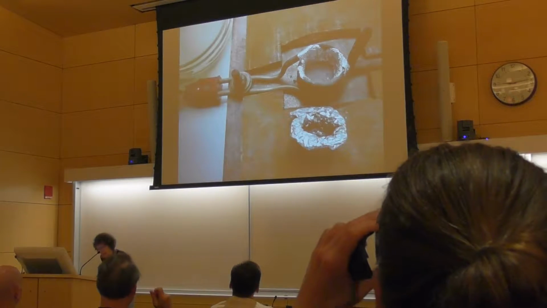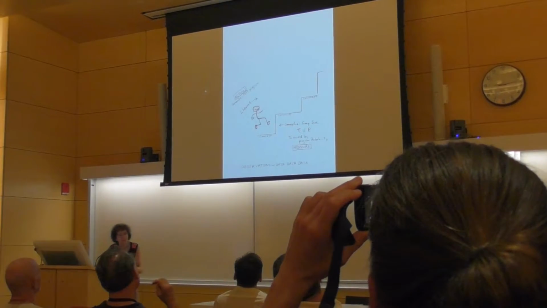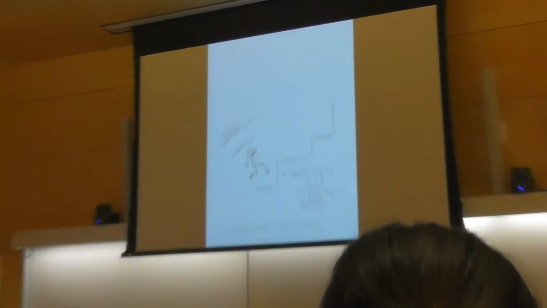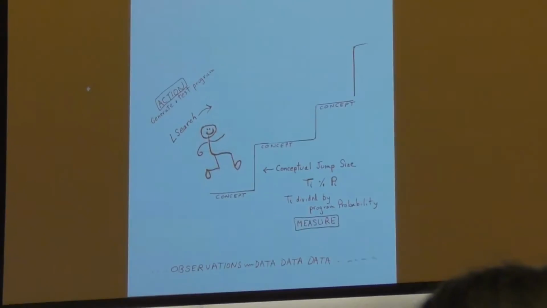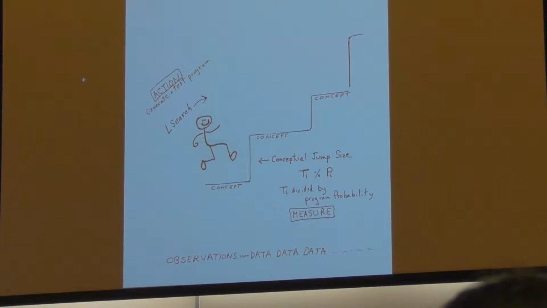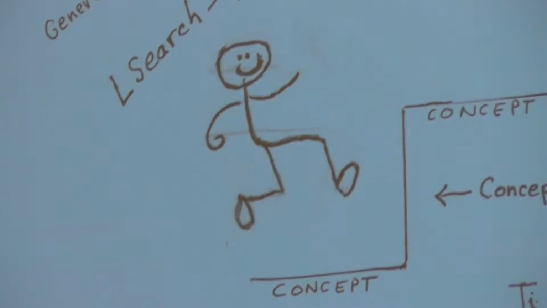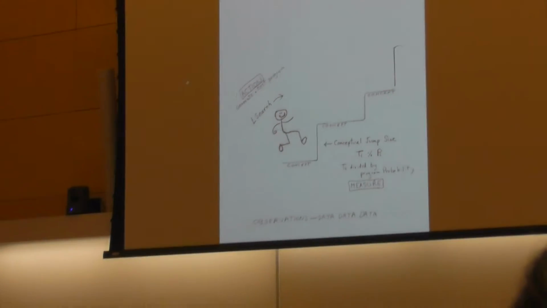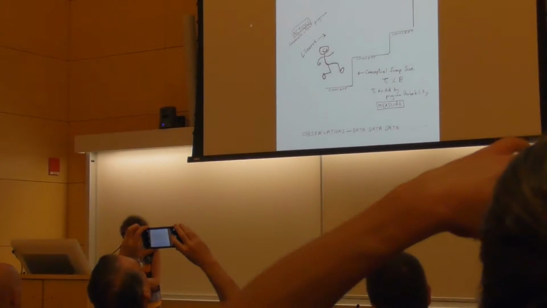I only have a couple more minutes, so I don't know how to do this. So this is L-Search. I'll just say really quickly, you're using L-Search as an action. You have a trial program and you test them in order of increasing time over probability, where probability is the probability of success of the ith trial, and TI is the time needed to generate and verify that the trial is correct.